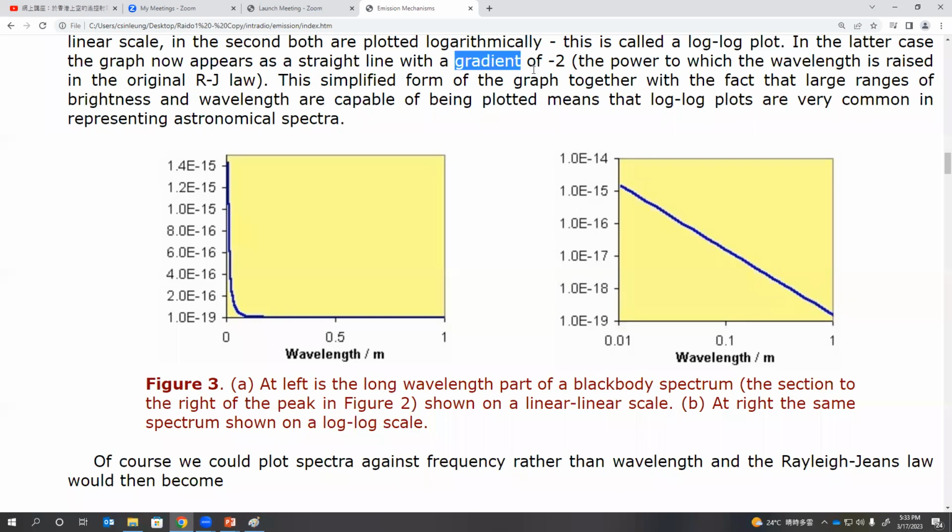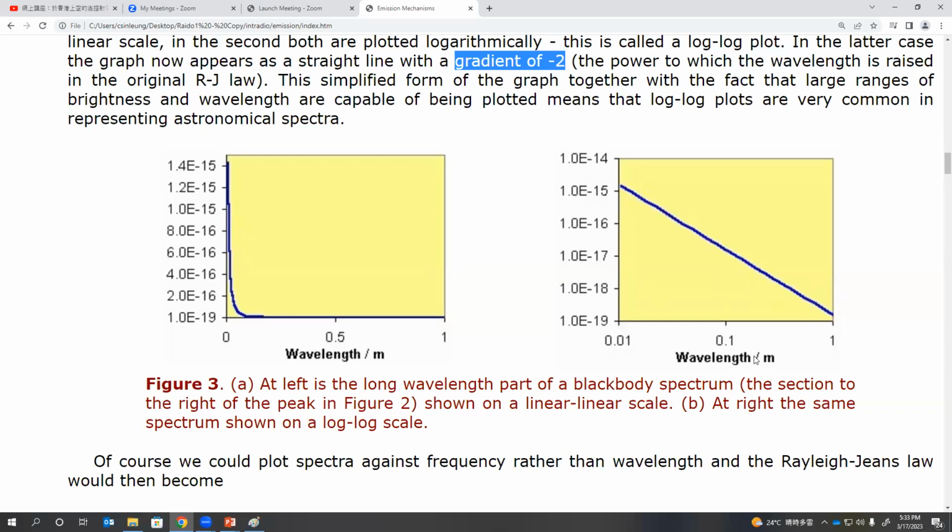Can you follow the gradient -2 on this right-hand side figure corresponding to figure 3, part B, based on log scale? So we can plot the spectra against frequency, of course. This is the intensity against wavelength, right? And we get a negative slope.